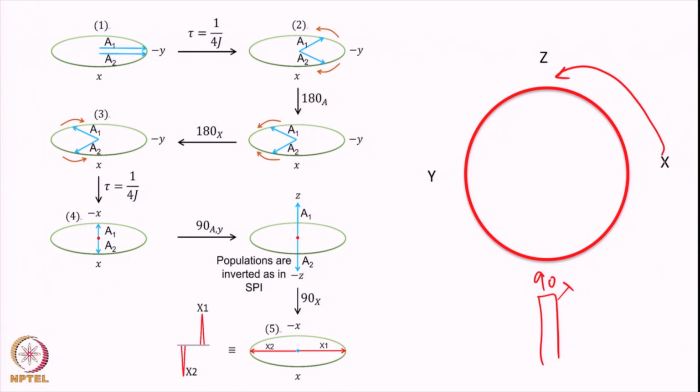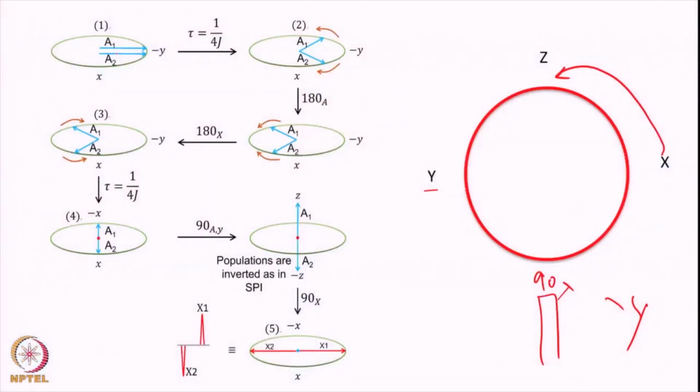So an X pulse applied on Z magnetization will lead to the minus y direction. That is why these spins are in the minus y direction, and there are two spins because it is an X coupled system. We have two transitions, and one vector shows one of the transitions. So A1 and A2 are both now in the minus y direction.